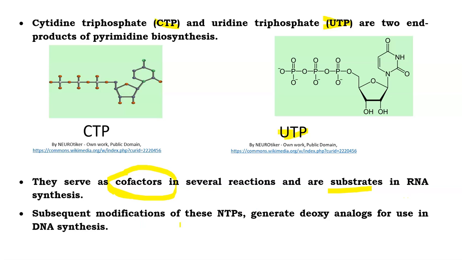And also subsequent modifications of these: for example, CTP gives rise to deoxy-CTP, and likewise whenever deoxy analogs are generated, they are used in the synthesis of DNA also. That is why pyrimidine biosynthesis plays a major role in the formation of both RNA as well as DNA molecules.